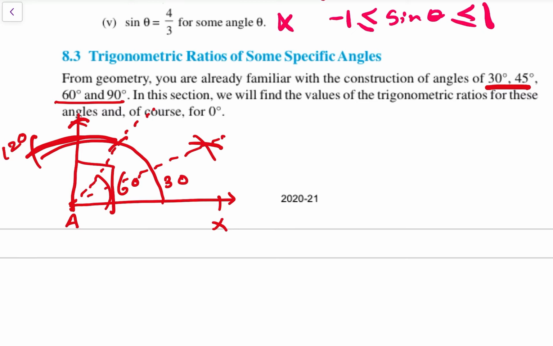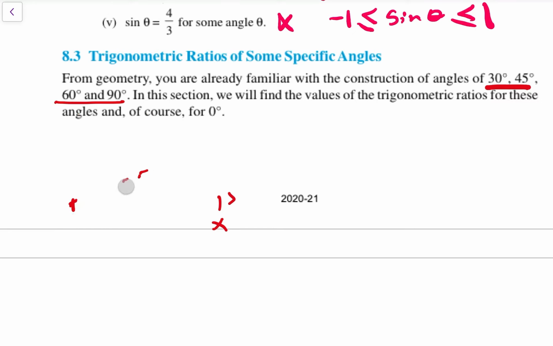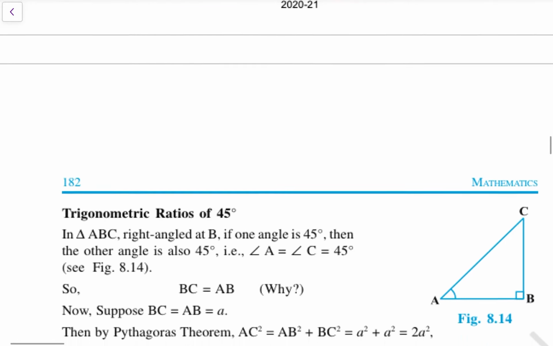And half of this 90 degrees is measured to be 45 degrees. This is how we construct all these angles, that is 30, 45 and 60. In this section we will find the values of trigonometric ratios for these angles, of course for 0 as well.